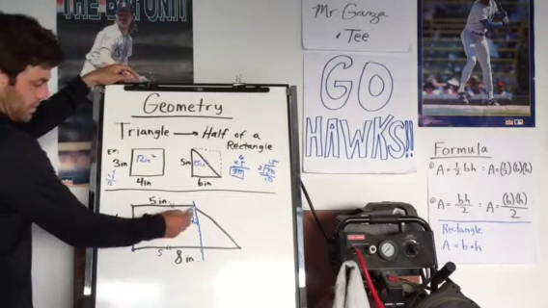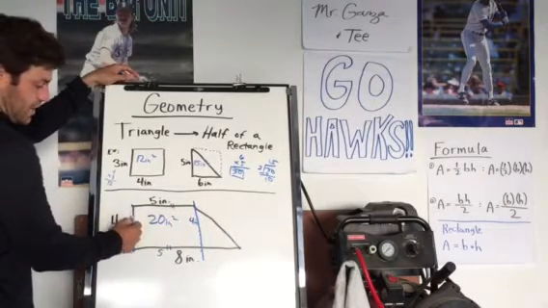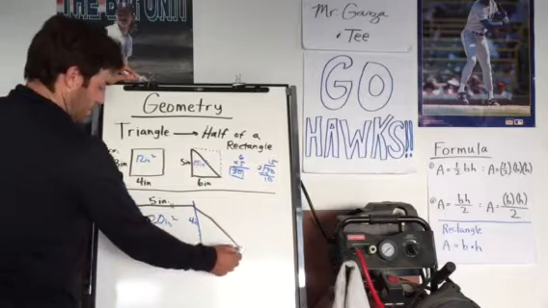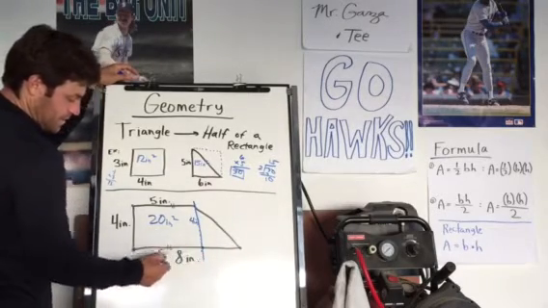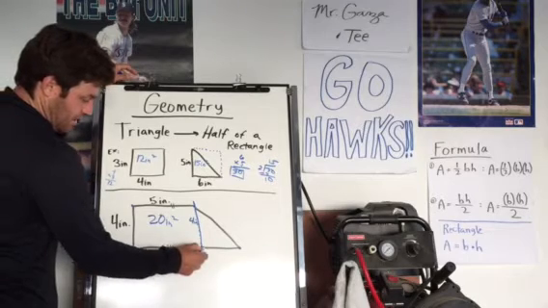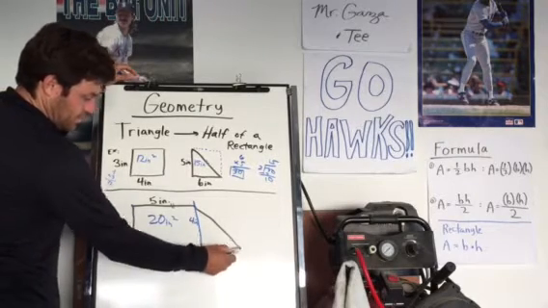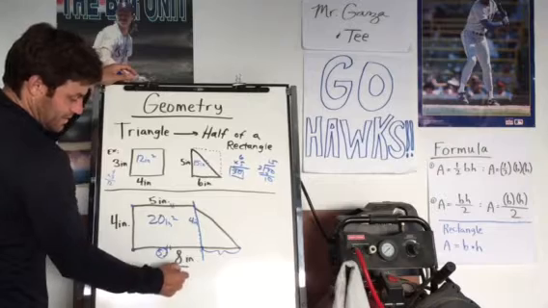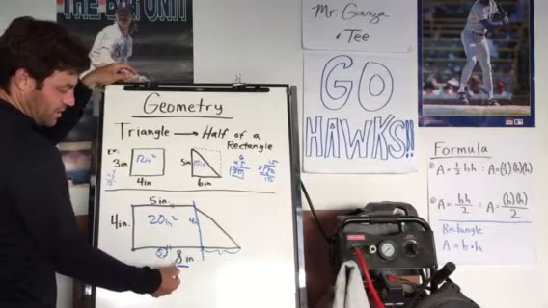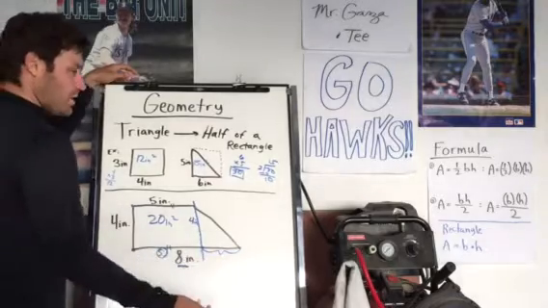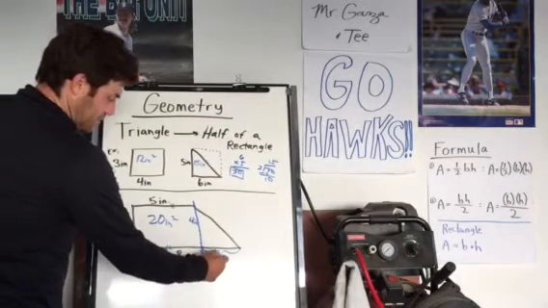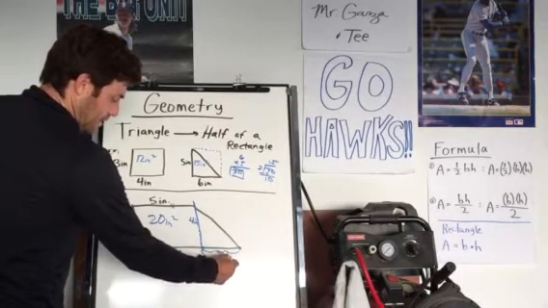And I know that from here to here is 5, and from here all the way to here is 8. So if I have this as 5, how many more inches do I need to get to 8? So it's 5 plus what equals 8, or 8 minus 5 equals what? Which is 3 inches.